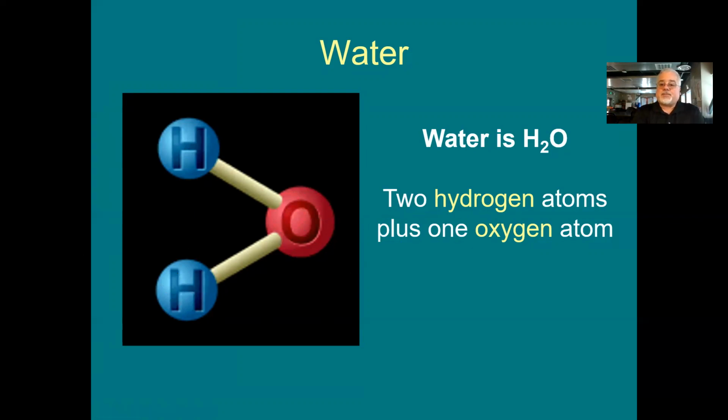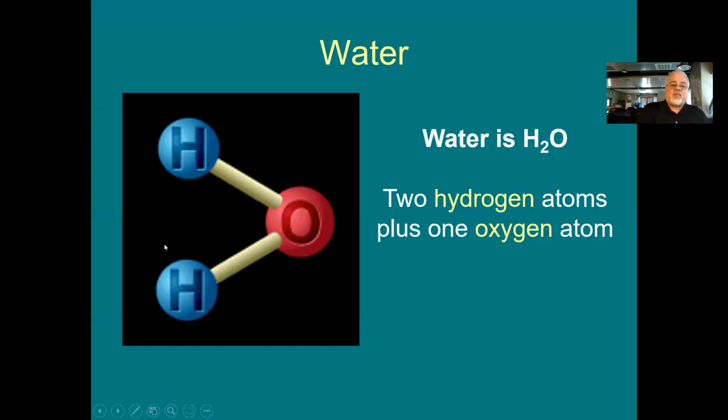So what does that mean? That means that water is going to be slightly polar. Since the electrons hang out near the oxygen a little bit more, their negative charge is going to be a little bit more on the oxygen end. It's going to be a little bit more negatives than the 8 positives.